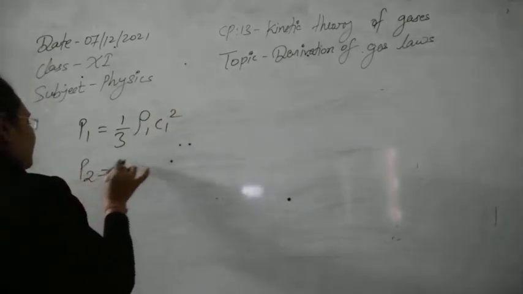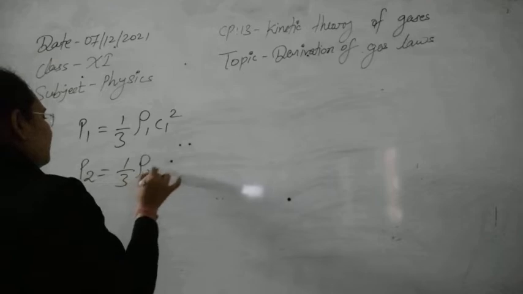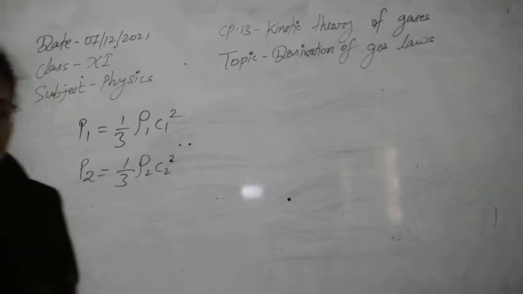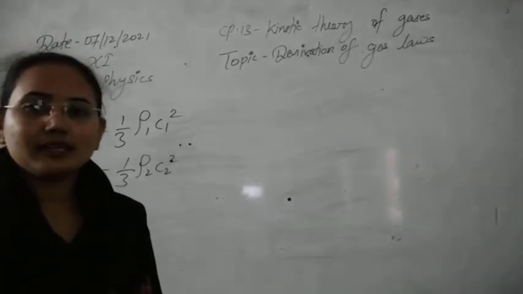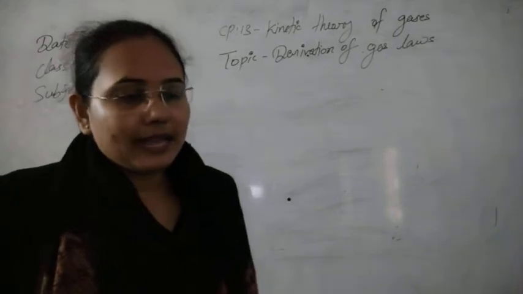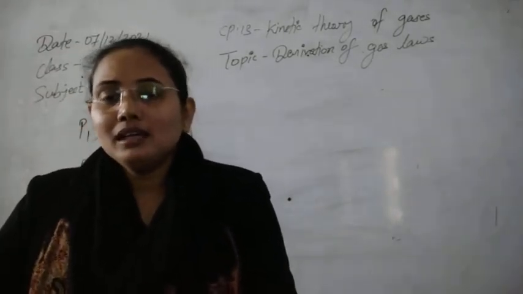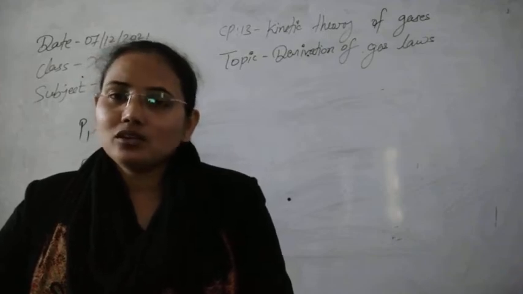Similarly the pressure exerted by the second one is 1 by 3 ρ2 C2 square. Now when the diffusion starts, a steady state will be attained when the gases stop diffusing into each other, and that is called the equilibrium state or steady state of the system.